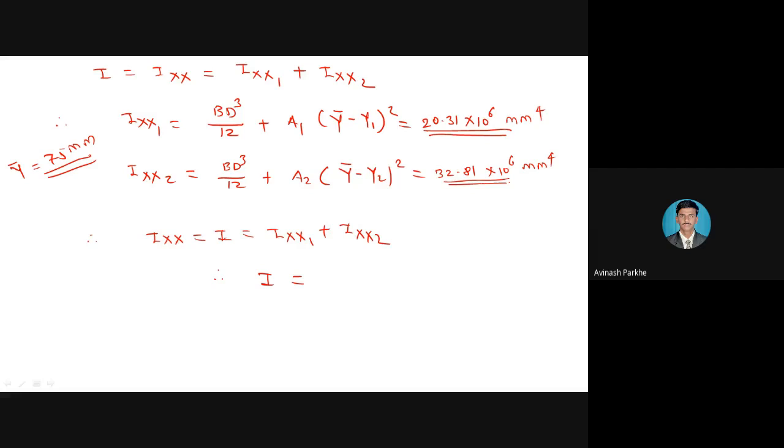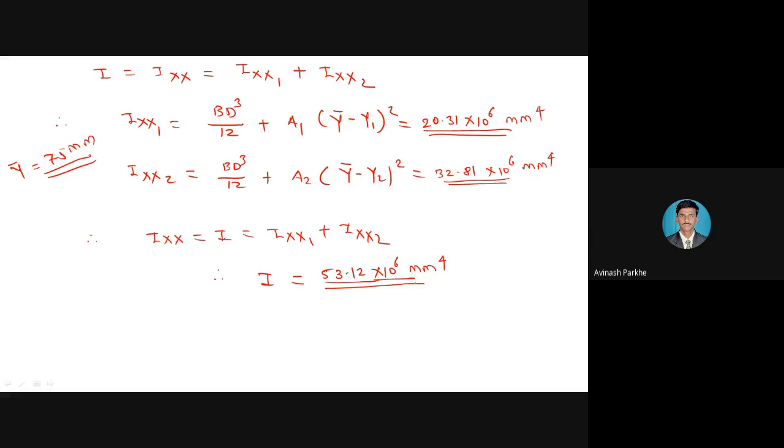Do the calculations and then make the addition. Addition, you will get the total moment of inertia. 53.12 into 10 raised to 6 mm raised to 4.